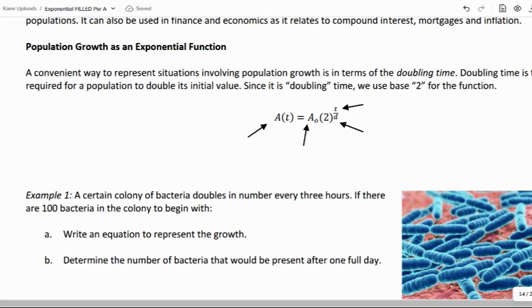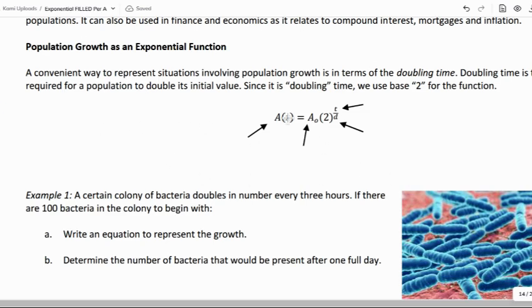If you've heard people talking about radioactive material, we talk about half-life, how long until half of that radioactive material has disintegrated. So that's exponential decay, whereas with exponential growth, we're talking doubling time. So we really are wondering how long will it take a population to double? And then we use that information to compare different populations.